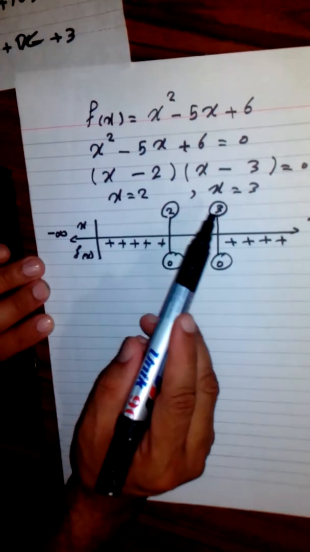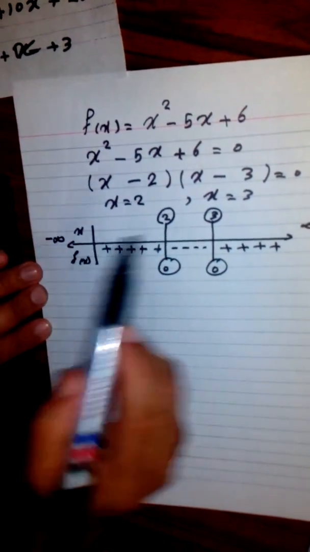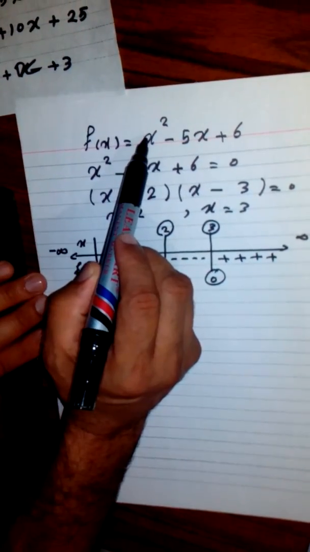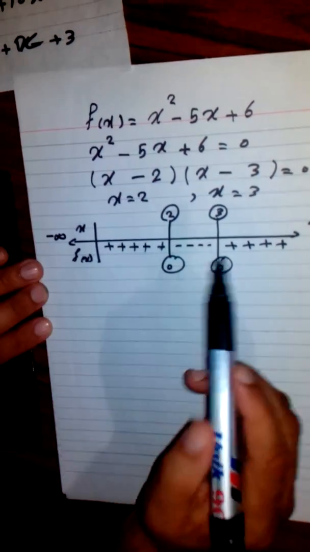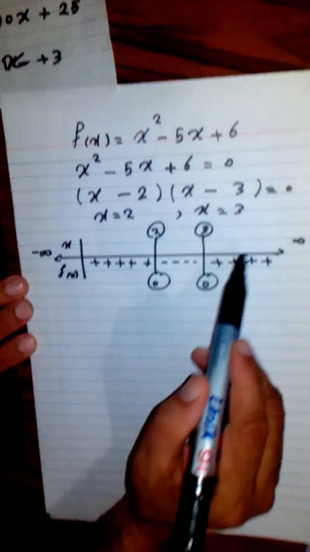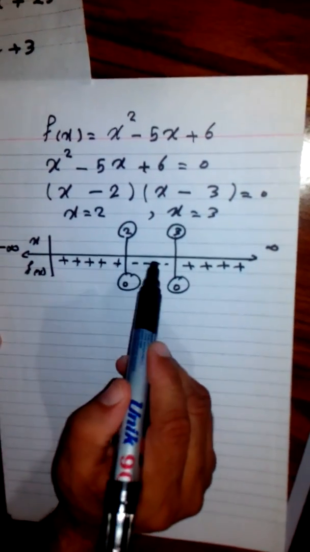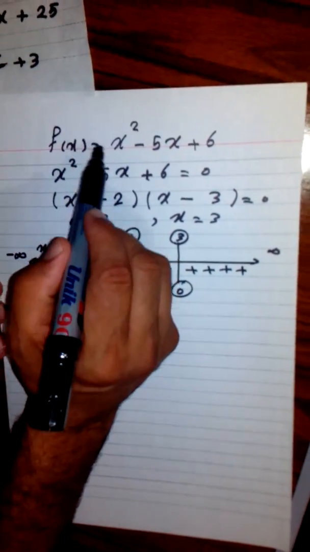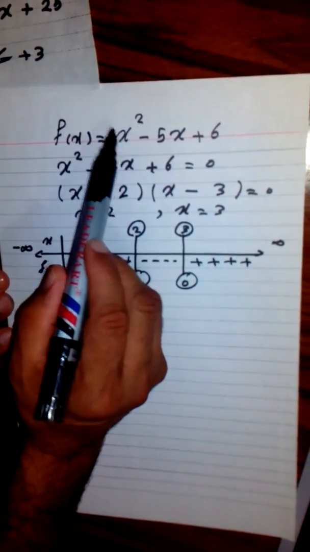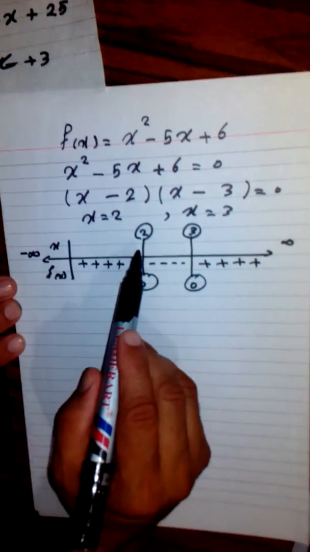If x is between 2 and 3, f of x is negative, because the factor of x squared is 1, positive.